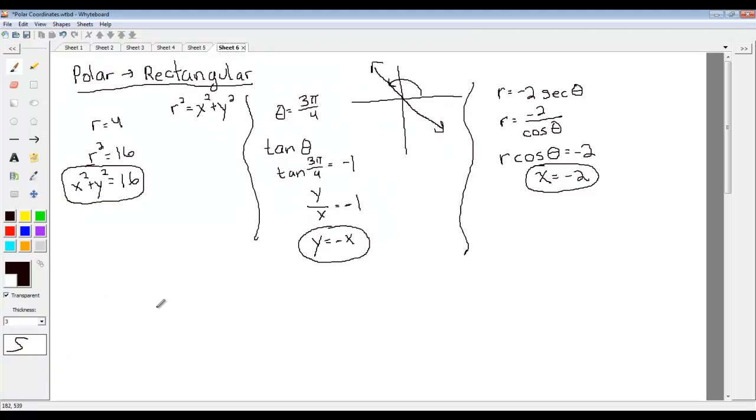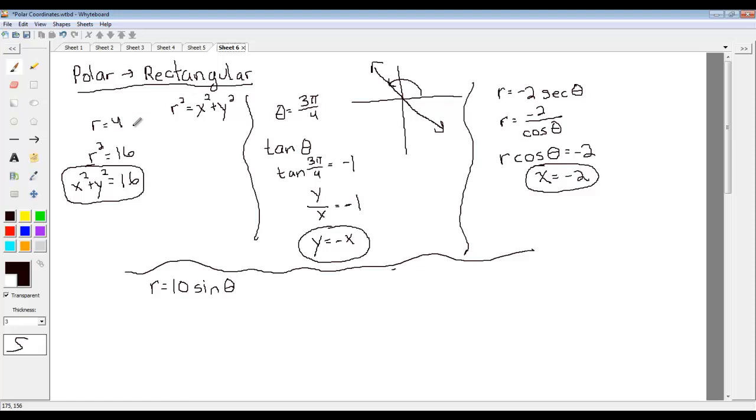Or last but not least, let's do r equals 10 sine theta. Hmm, 10 sine theta. I'm trying to convert somehow to x's and y's, but I've got an r and a theta here.